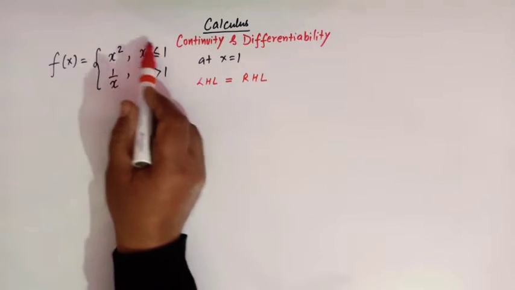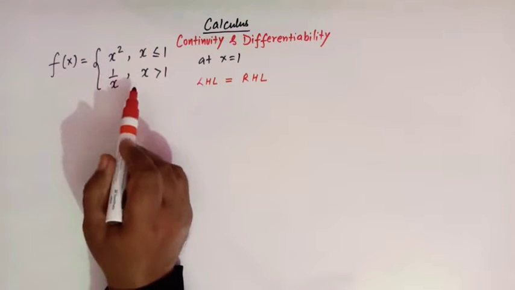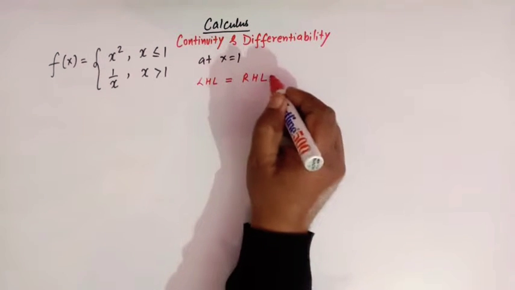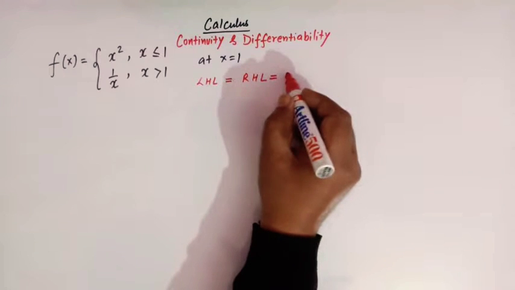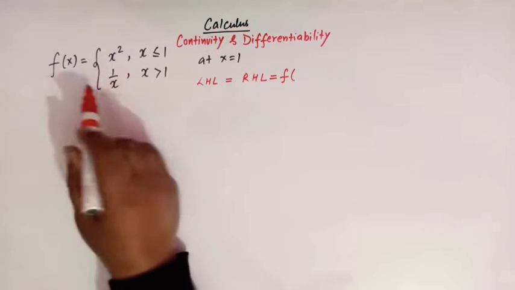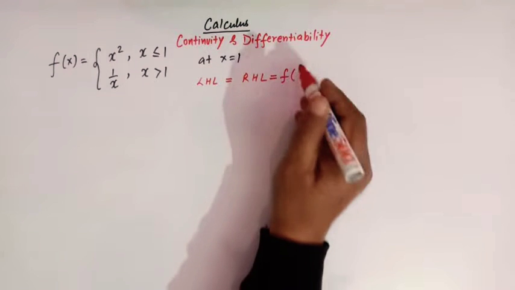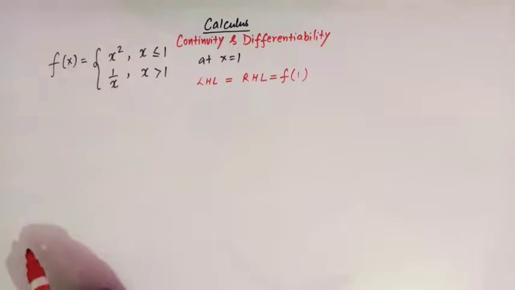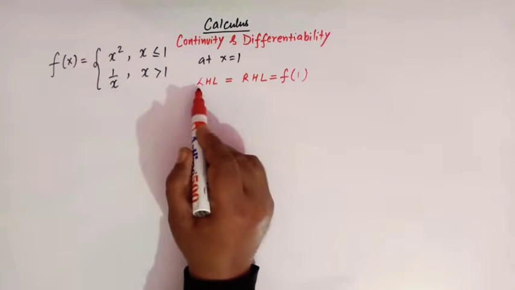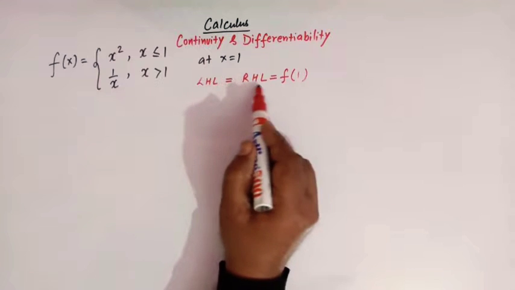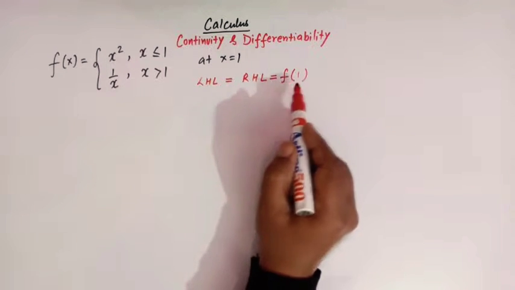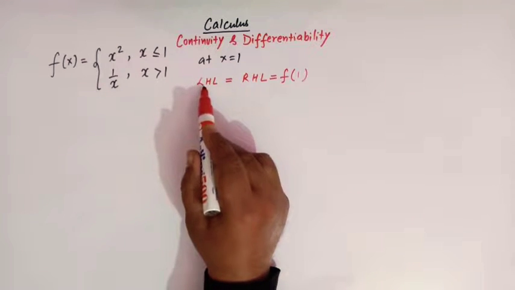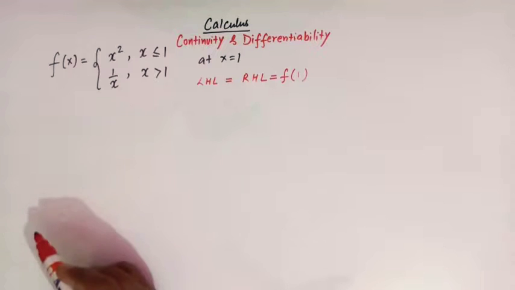For the function to be continuous, these two limits should be finite and equal, and should be equal to the value of the function at the given point. So here we will find the left hand limit, the right hand limit, and f of 1, and we will see whether these three quantities are equal.